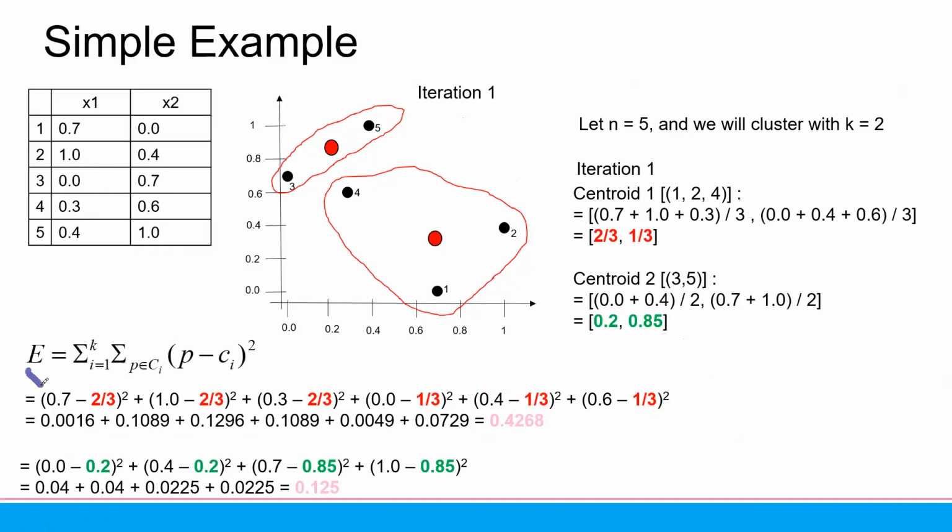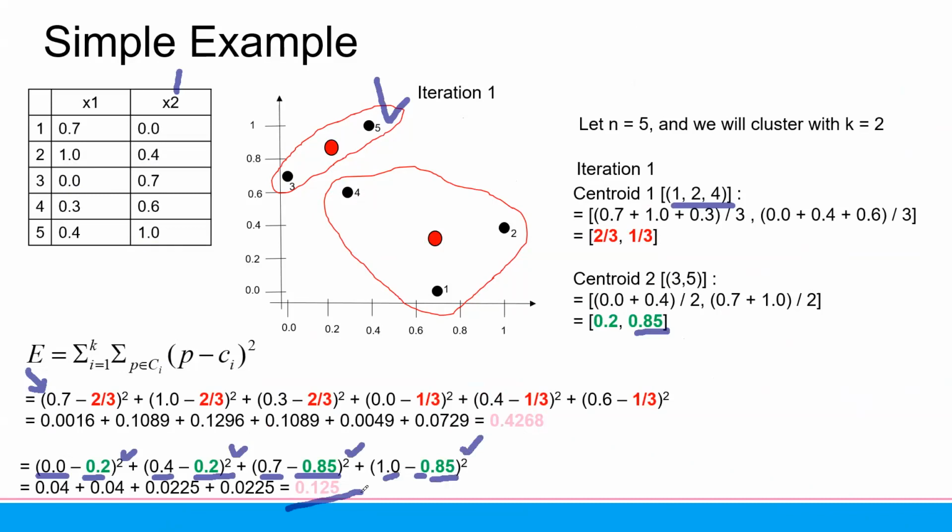This is the result from 1 and 2 and 4. What about this one? The same. Here we have the x1: 0 minus 0.2 squared, 0.4 minus 0.2 squared, and the second attribute, which is x2: 0.7 minus 0.85 squared, 1 minus 0.85 squared.